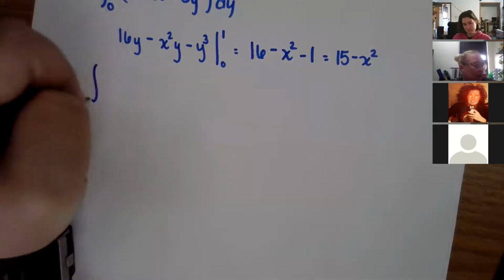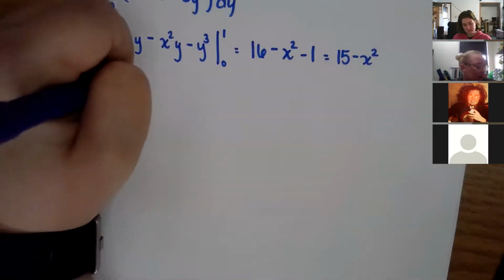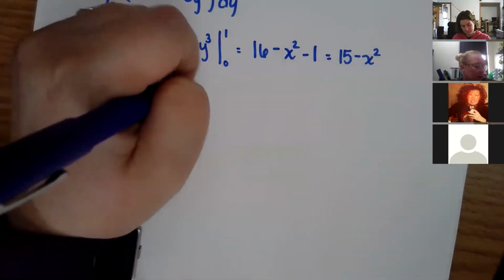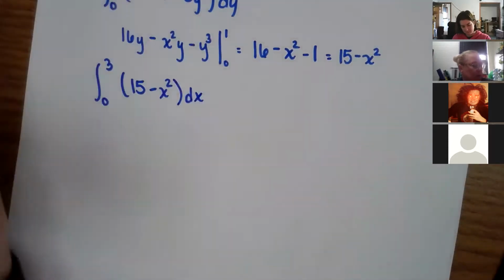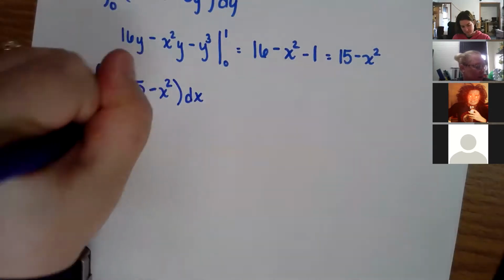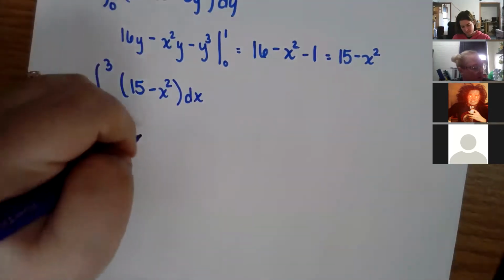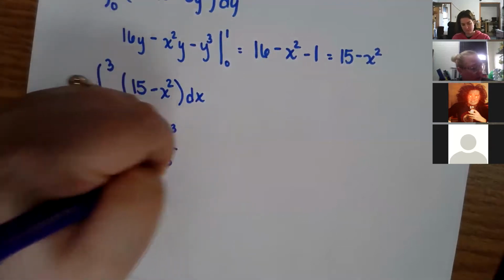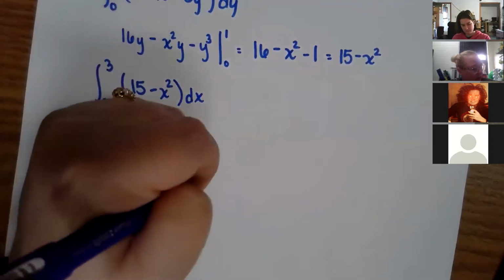Now, all I'm going to do is integrate from 0 to 3 of 15 minus x squared dx. So it'll be 15x minus x cubed over 3 evaluated from 0 to 3.